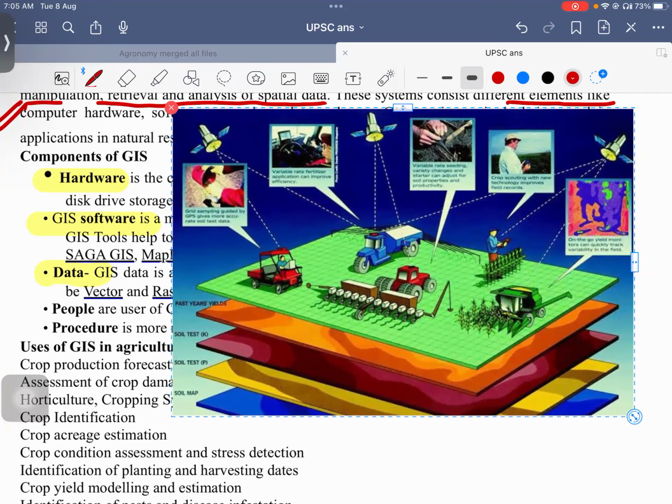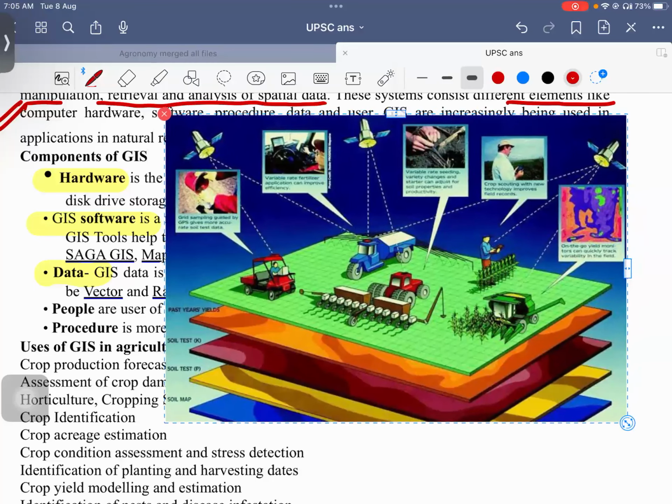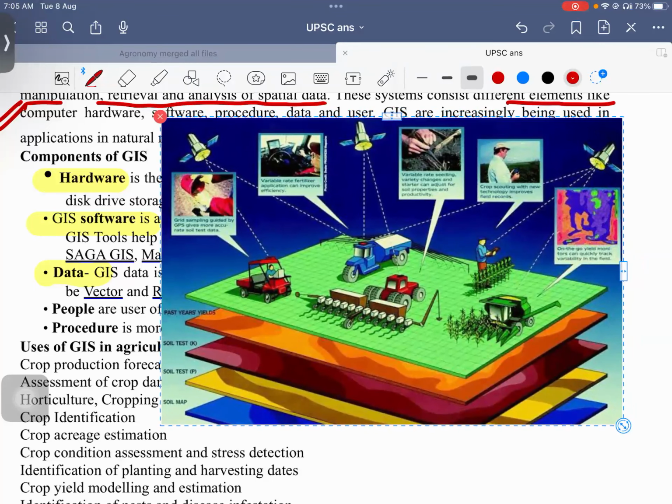The soil sampling and the grid sampling can be done by GPS. The next is variable rate fertilizer application, which can improve efficiency. As we are having GIS technology, the machine mounted on the tractor is able to predict the required amount of fertilizer in that area because it has the spatial and temporal data. It will precisely apply that much only.